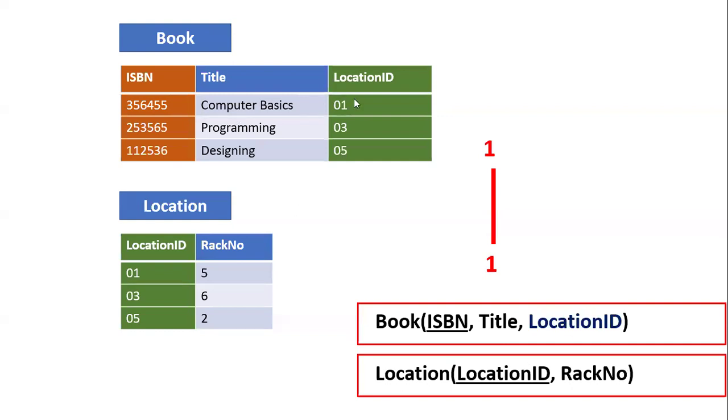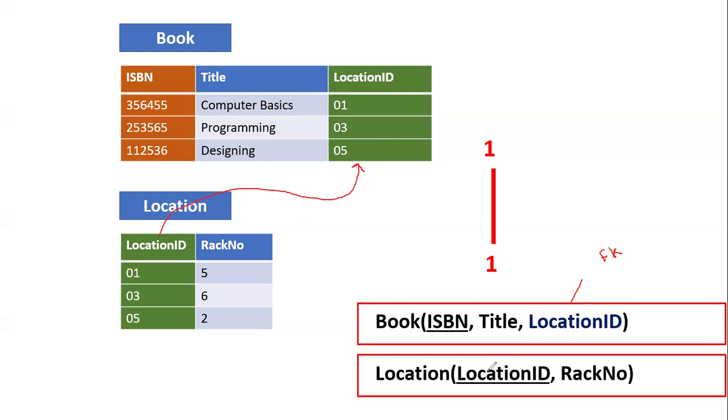And to make the relationship, what we have done is we have inserted this location ID into the book table. See, the location ID is here. So now the location ID is the foreign key of this table. That is the foreign key. And ISBN and location ID are the primary keys.